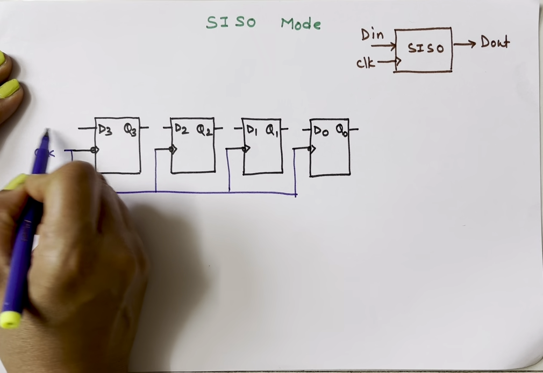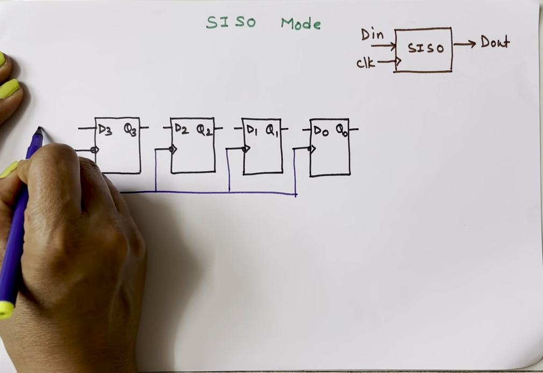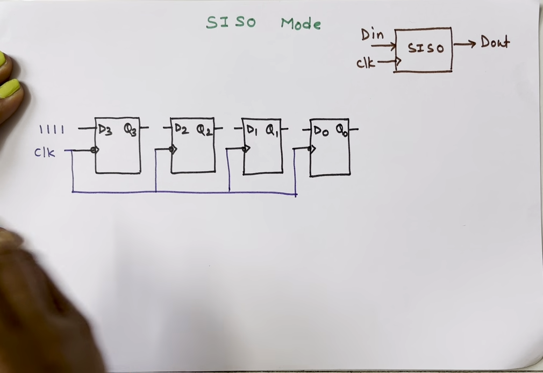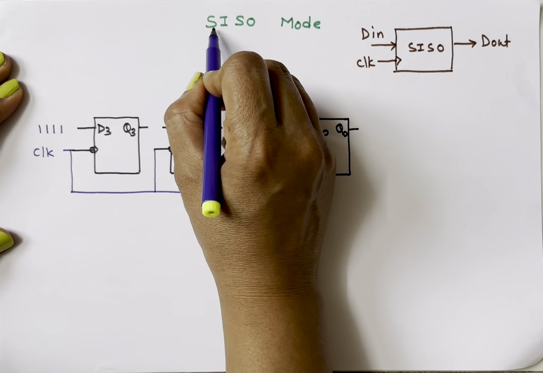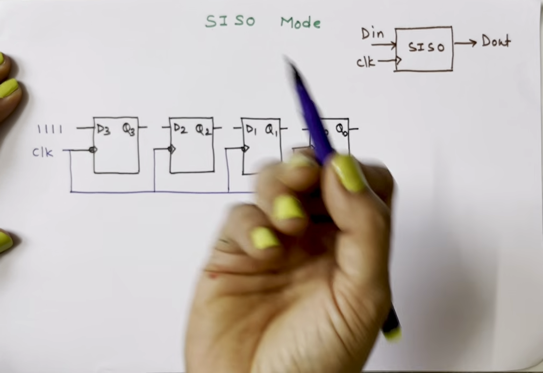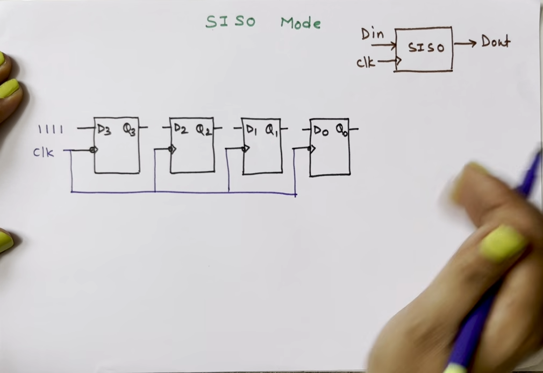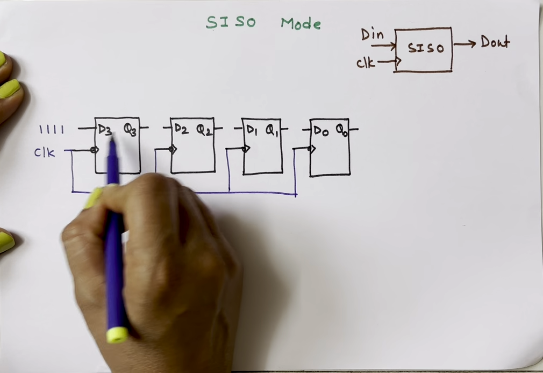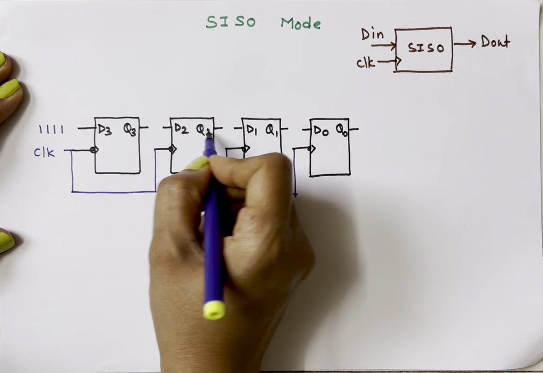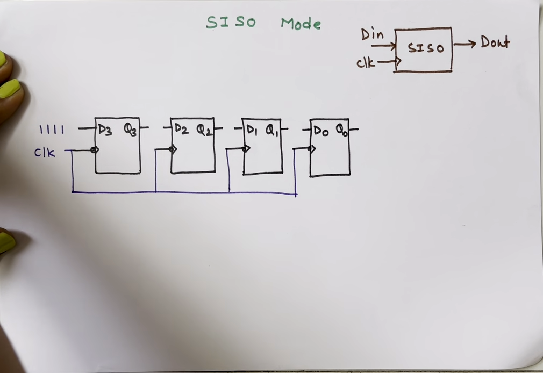I'll enter data from this side. Let's assume my data is 4 times 1, and this is serial in, serial out mode. It means to perform right shift operation, I'll connect the output of the leftmost flip-flop to the input of the next flip-flop.